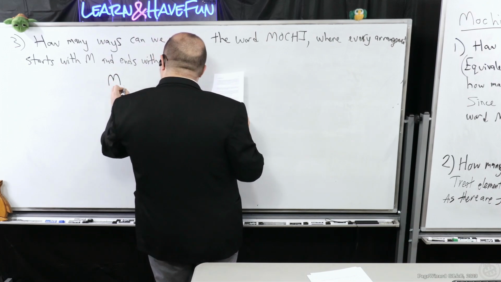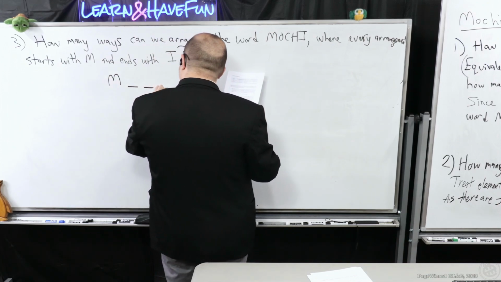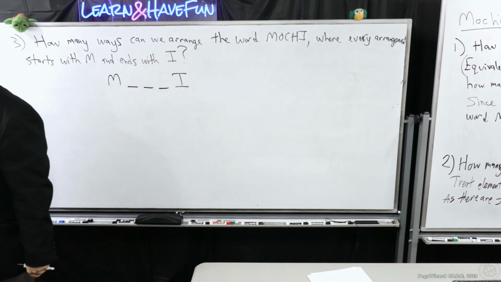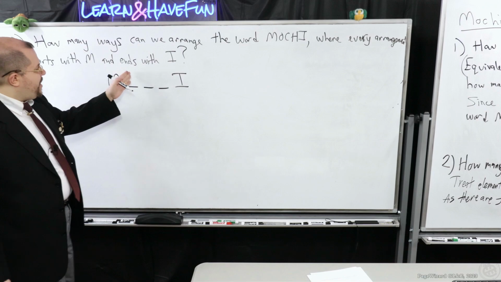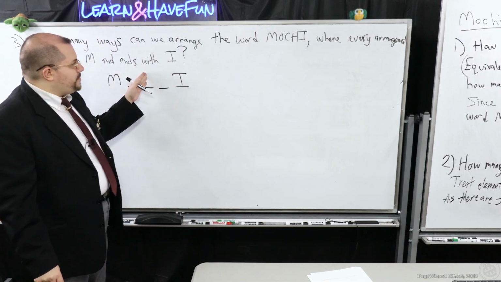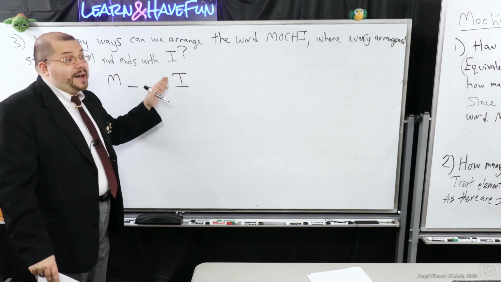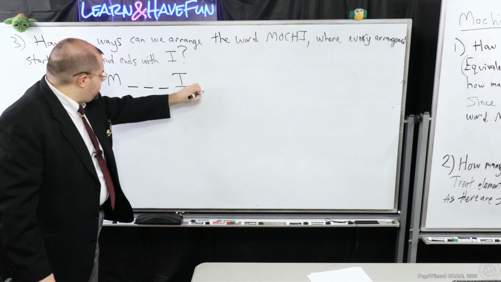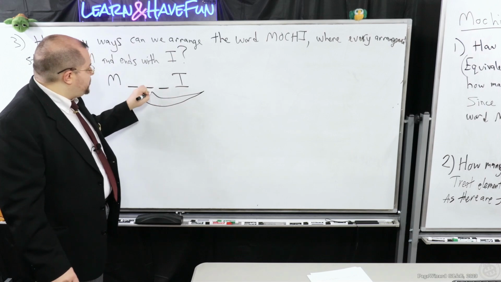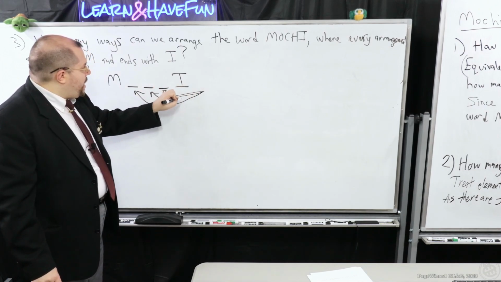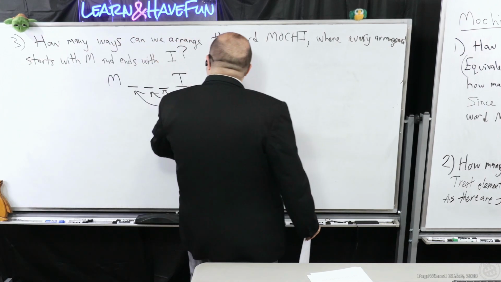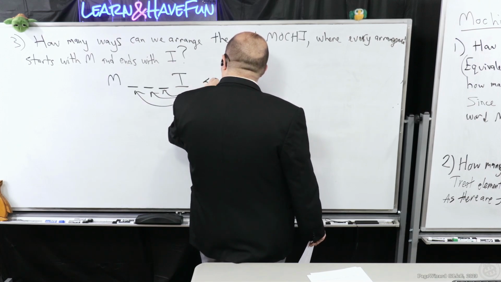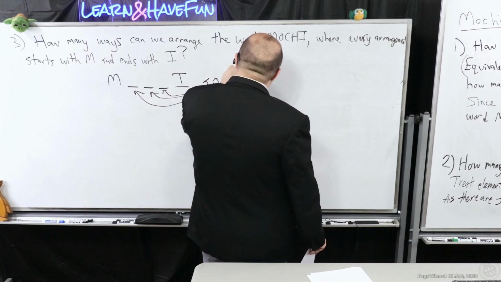Our arrangements will always have this form where I commit one to go here, another one to go here, and another one to go here. What are going in these spots? Most certainly not M or I, right? What can go in these spots without repeating themselves? Well, O, C, and H, right?